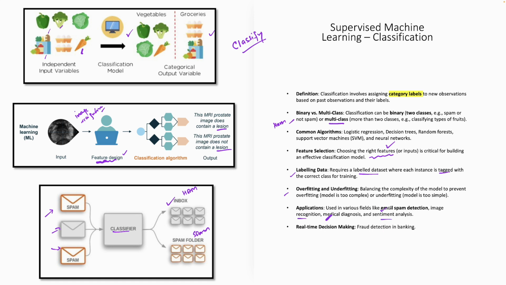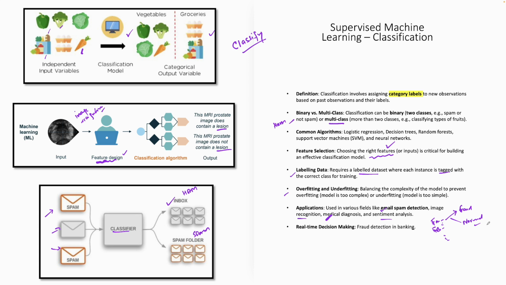And it's even quite useful in real-time decision making, and in banking it can be used for fraud detection. So let's say there is a transaction A, transaction B, or there are multiple transactions, then based on the behavior or the features, it's able to identify whether I should put it in a fraud category or in a normal category. Again, a good example of machine learning using classification.